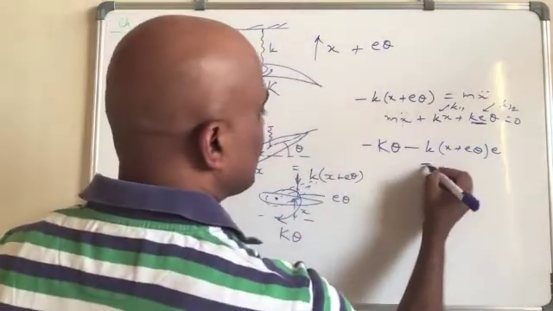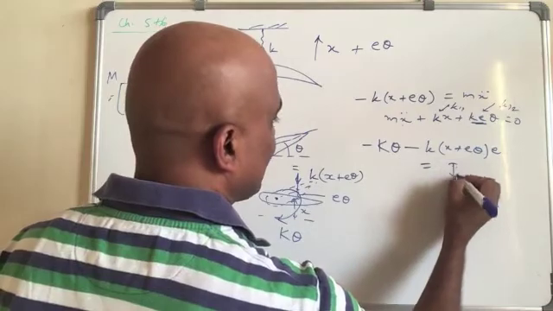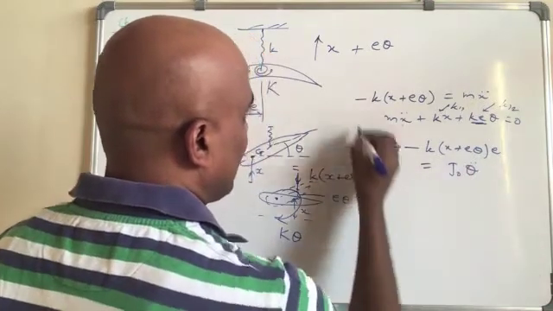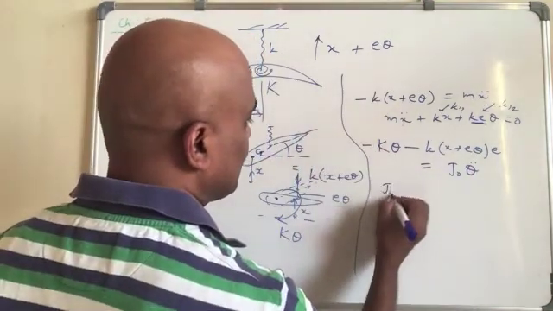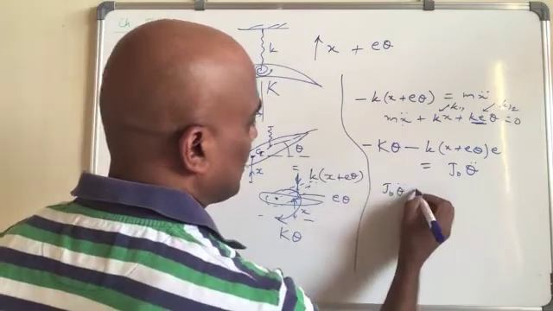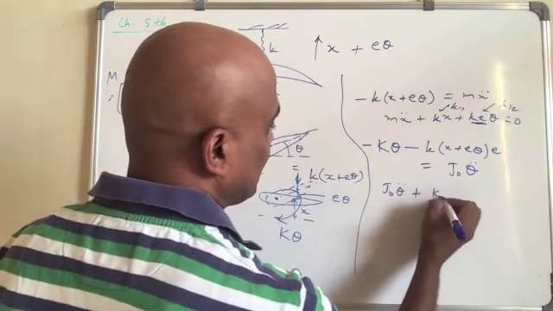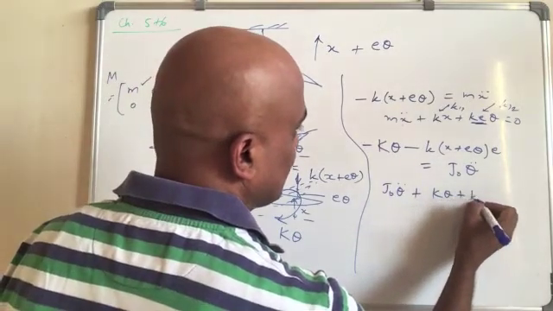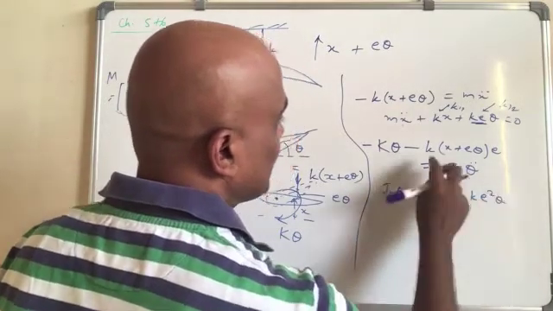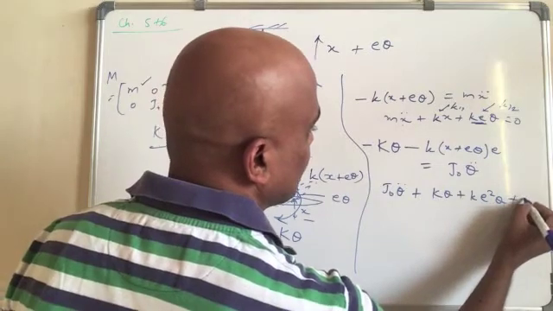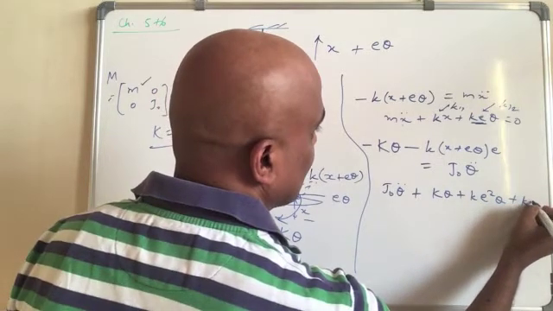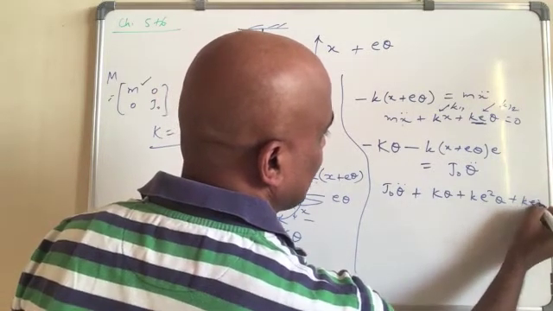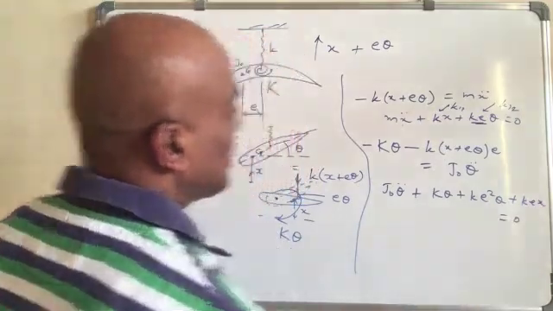So this is equal to J naught theta double dot, and hence you get J naught theta double dot plus K theta, plus k e square theta, and plus k e x is equal to 0.